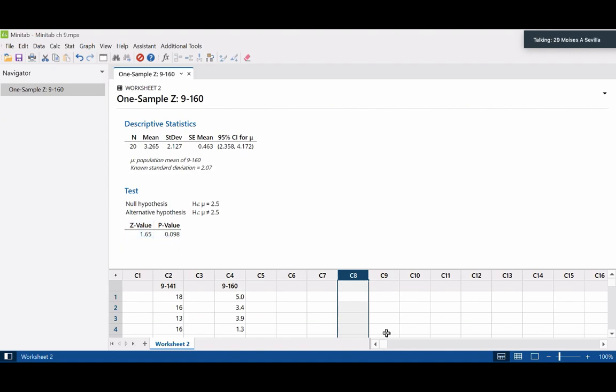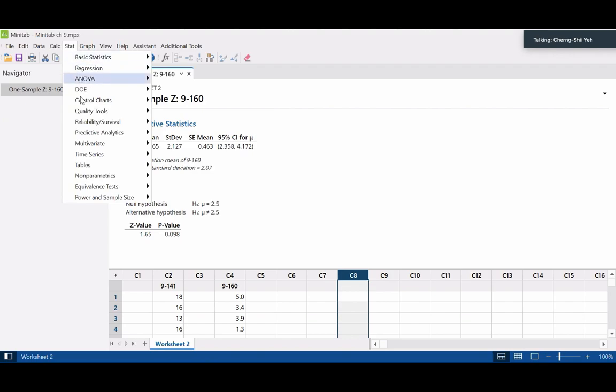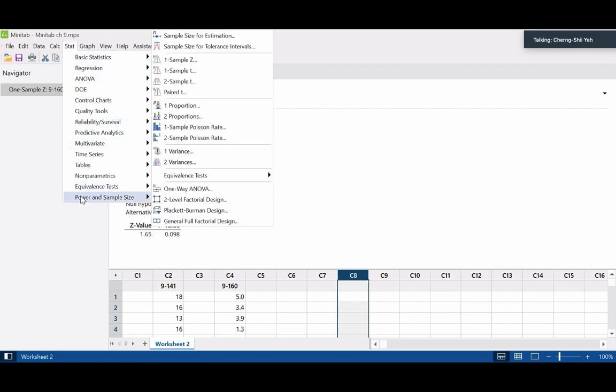Minitab is a lot better for population statistically wise. Which would be better, a better system to use, Minitab or Excel? So from our class perspective, both are equally useful. When it comes to other analysis beyond our class, Minitab does offer a whole lot more functions over here.